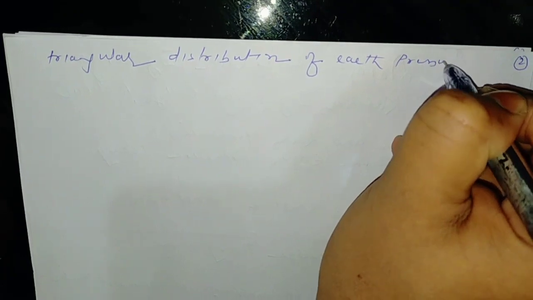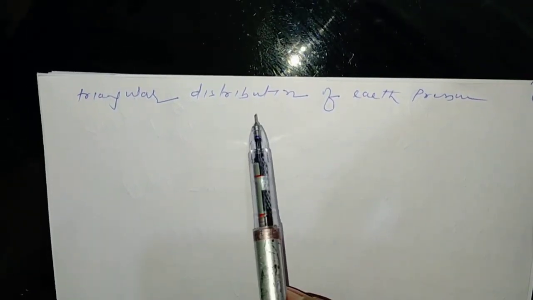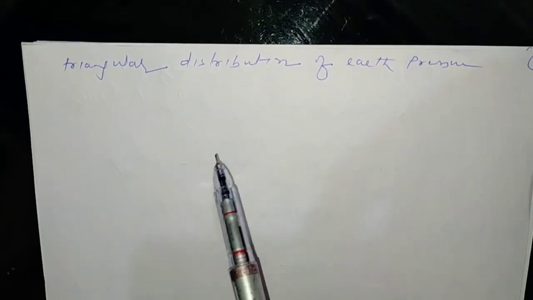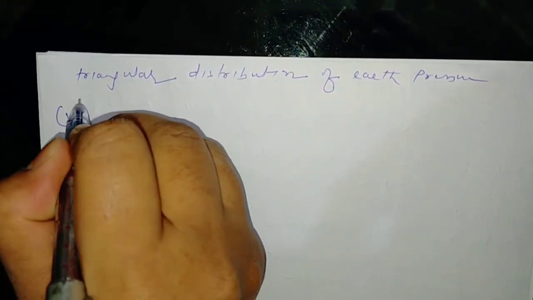So what I told, the position and location, means for the triangular distribution we know the earth pressure acts at a distance of h by 3 from the base of the wall. So this is known.